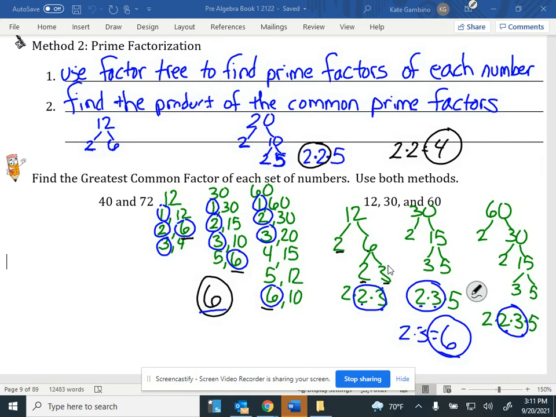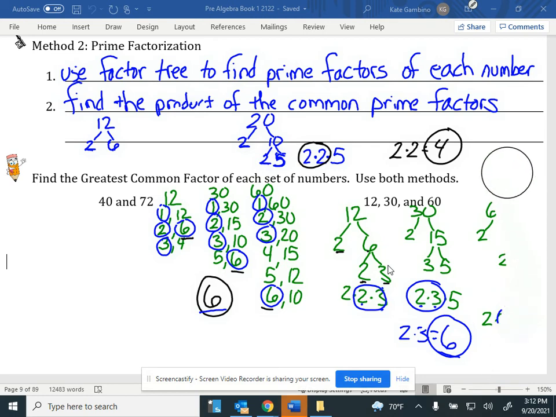I can still divide it down; I need to simplify it more. So if you're going to do the factor tree, you have to make sure you break it down to those prime numbers that we were talking about last week. And if you do your factor pairs, you need to make sure that you list every single pair so you can see all of those common factors.